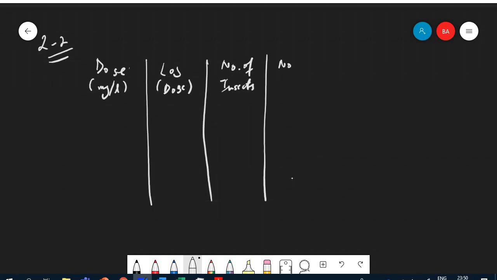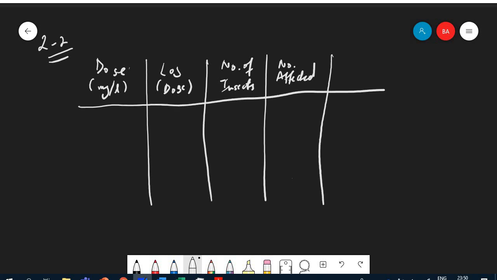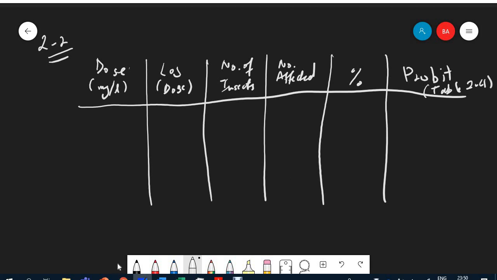From the number affected divided by the number of insects, we get the percentage, and from the percentage affected we can get the Probit. Beautiful. If you want to get it, I think it is table 2.4, and we are going to see that later together.